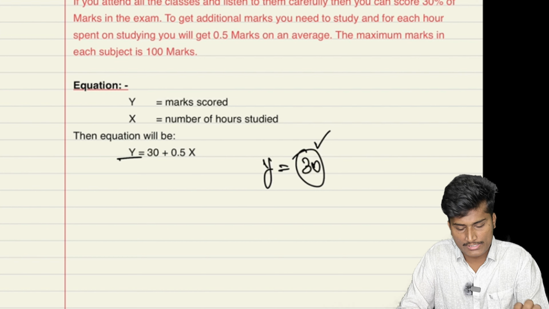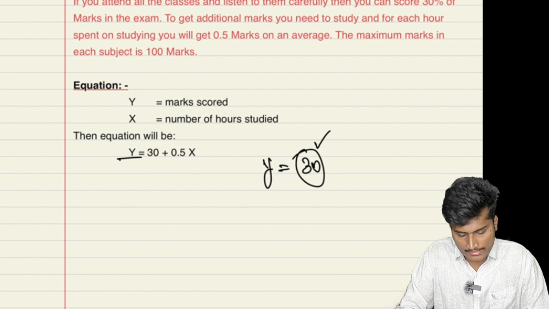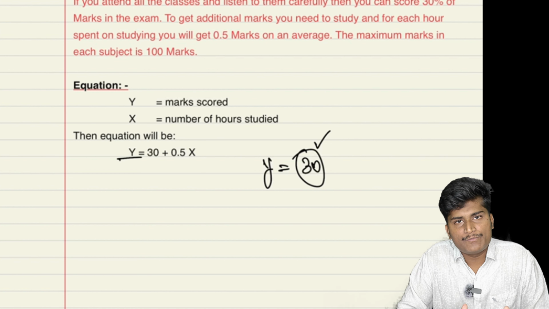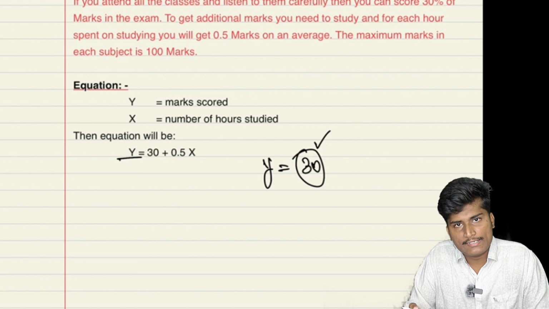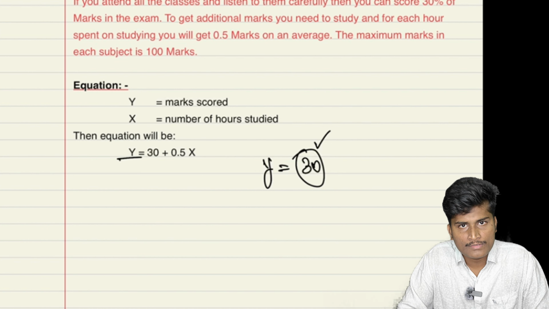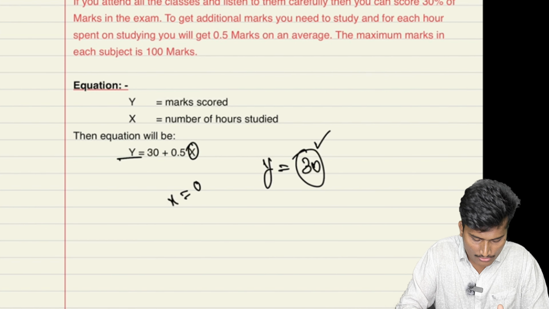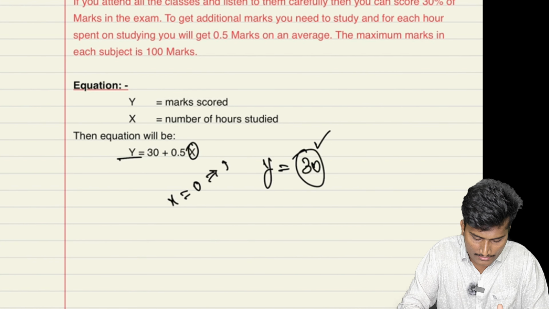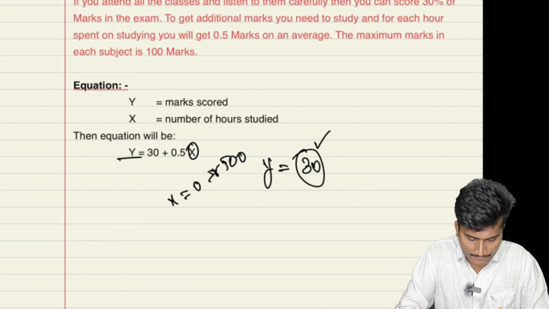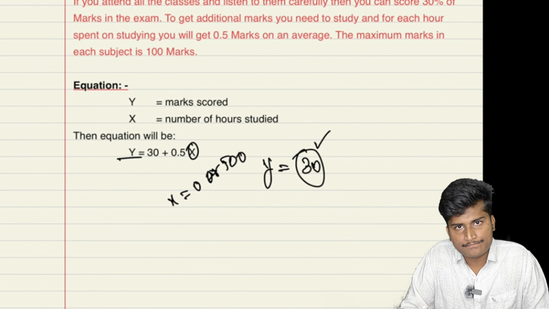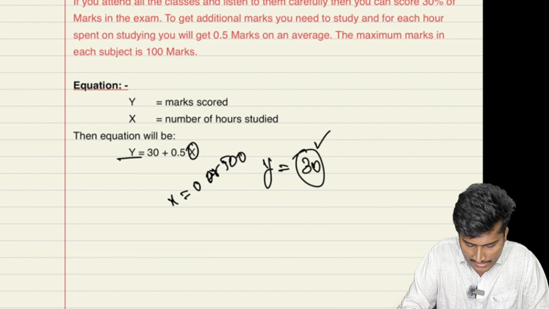That is the basic assumption we are taking. If you did that, then the minimum marks you are going to get in each subject is 30 marks. So whether you studied or not, whether x is 0 or x is 500, x value can be anything, y will have a minimum value of 30.